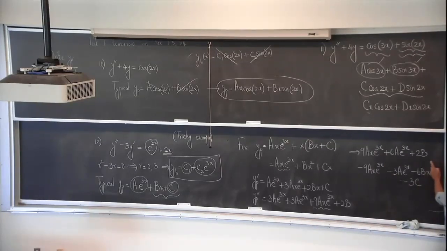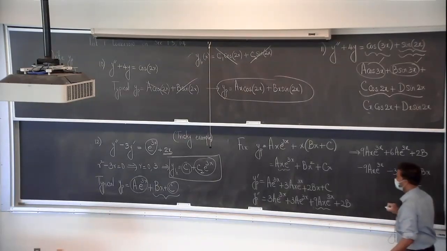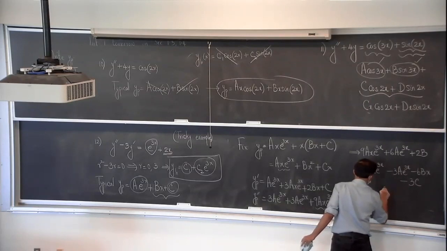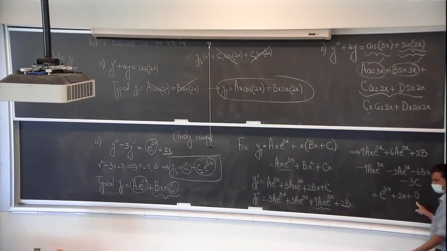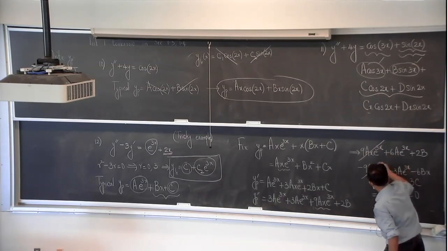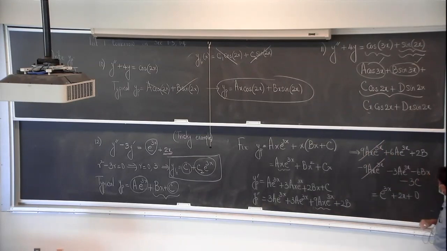That's yp double prime minus 3 yp prime equal to e to the 3x times (2x plus 0). Good, just a placeholder. All my promises up to here are still true. Those terms cancel, and you have just enough terms to find your coefficients.